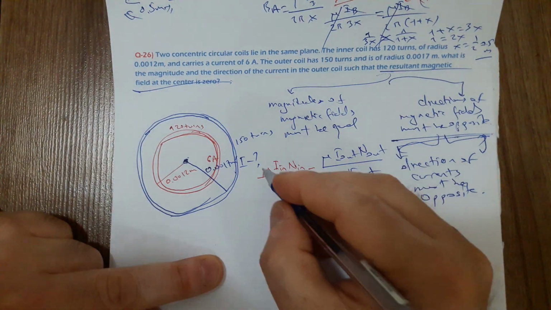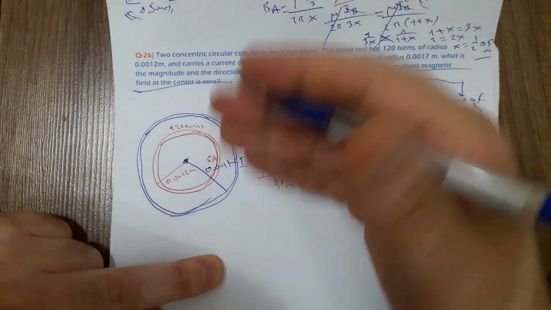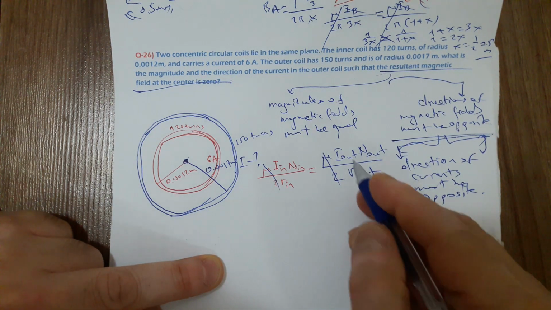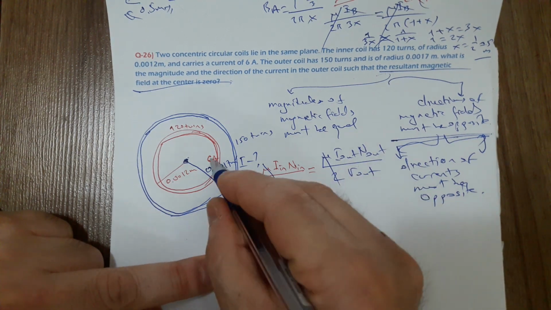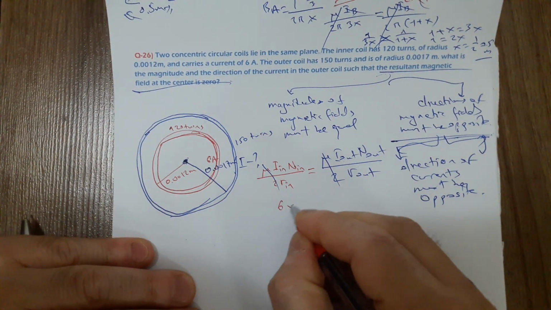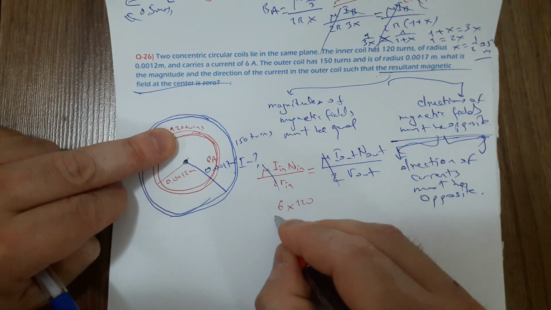So mu over 2 and mu over 2 will simplify. Then we are going to write all the other quantities, insert them into the equation, and we will find the current of the outer coil. The inner coil has 6 ampere current. Let's write them. 6 ampere. The number of turns of the inner coil is 120.